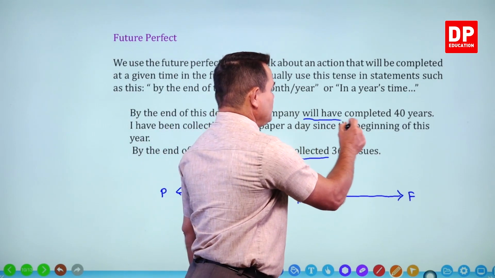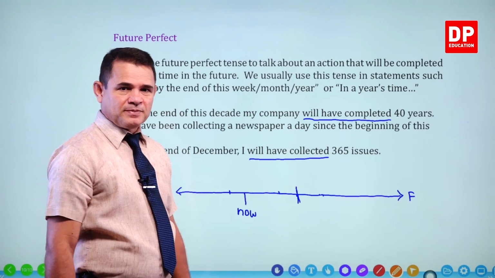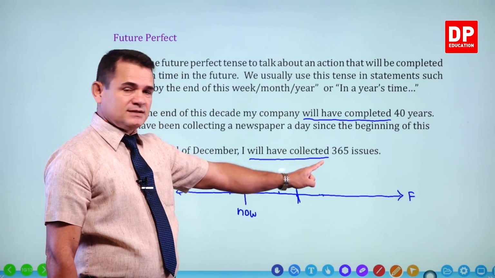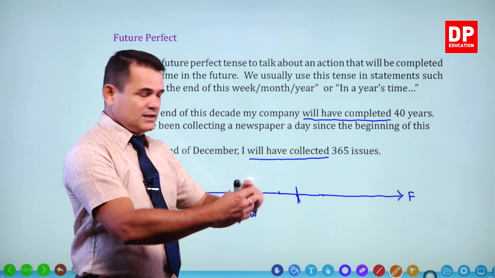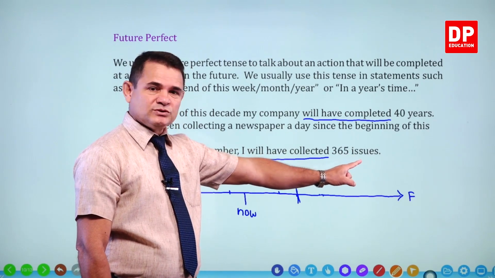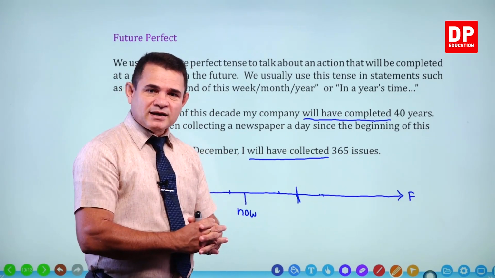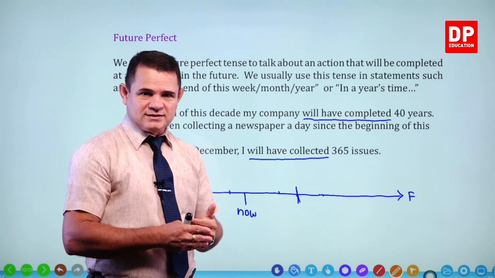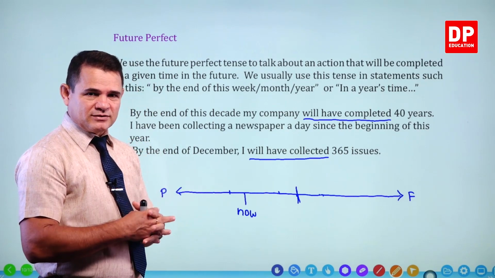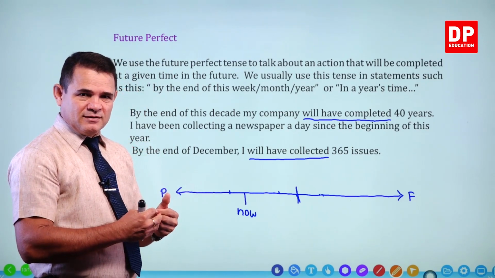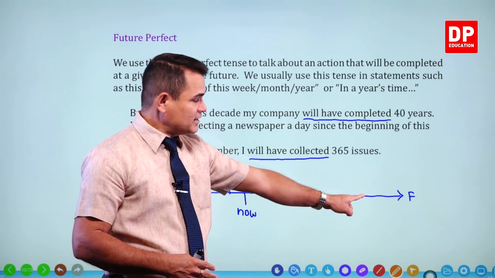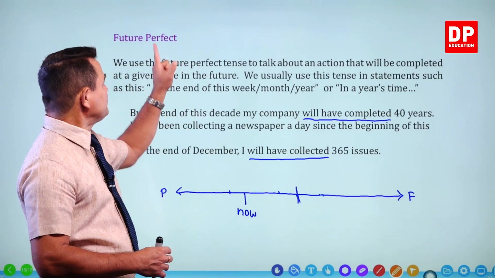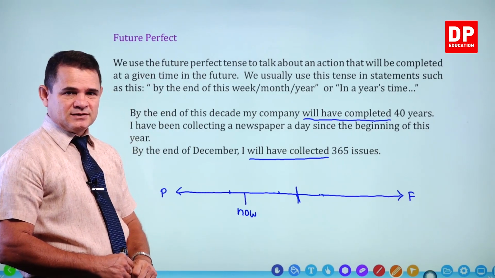By the end of the year I will have collected 365 issues, 365 newspapers. So I have been collecting, now I am actually doing it, still collecting. For ideas that something will have happened in the future, we use the future perfect.